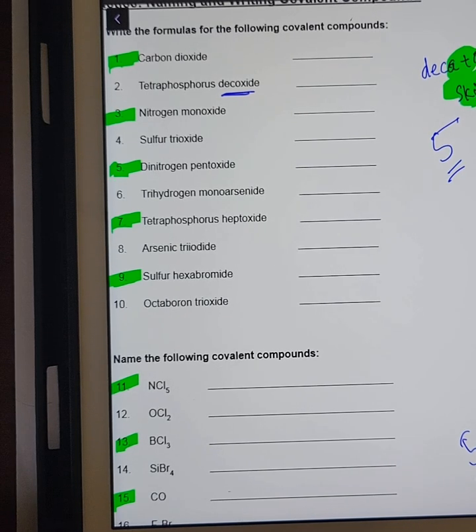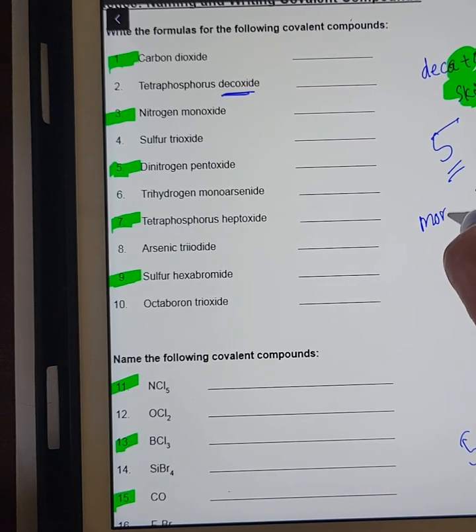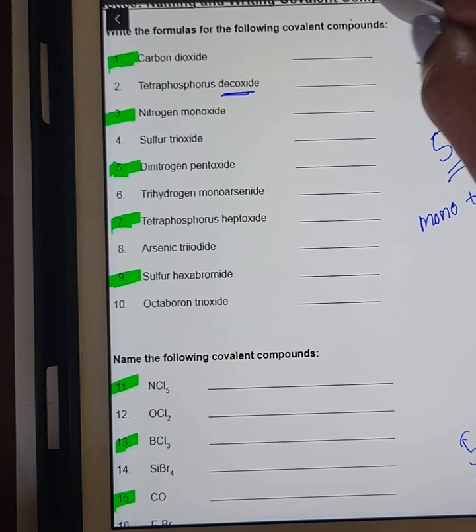And if there are two O's, like, say for example, mono plus oxide, you will not write monooxide. You have to skip one O there.